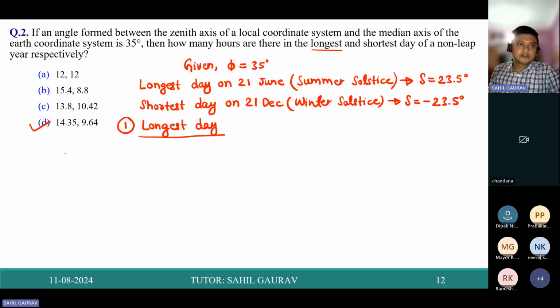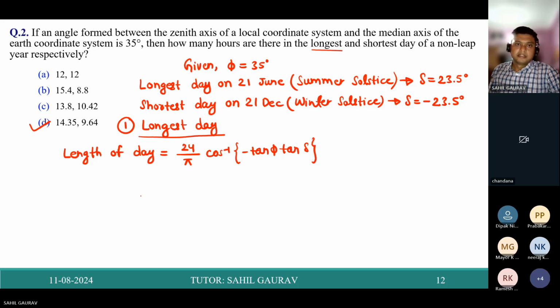We know the length of day expression is 24 upon pi cos inverse of minus tan phi tan delta.